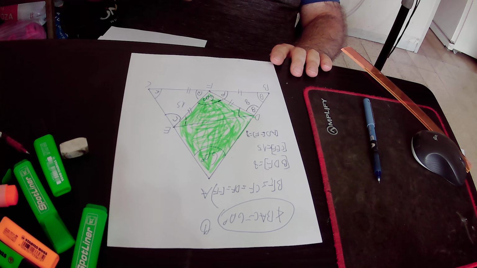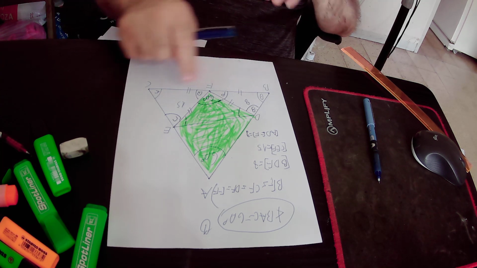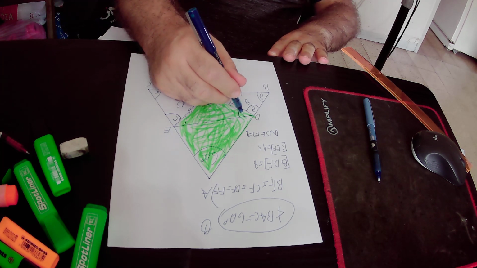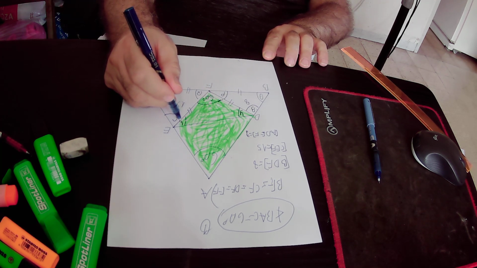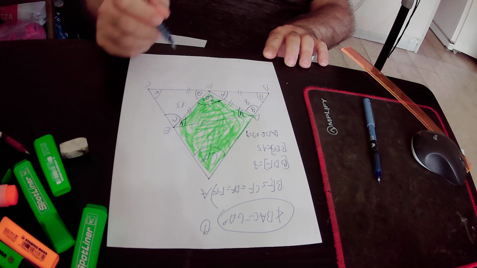Let's define those two angles as y. So those angles are equal to each other. So if this angle is y, the other angle also must be equal to y.